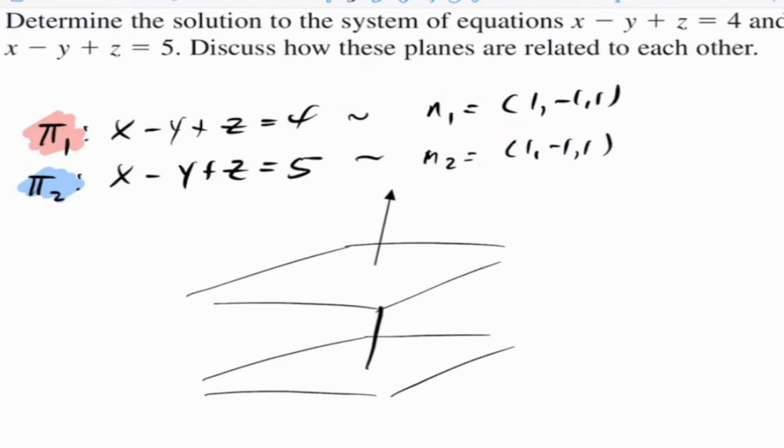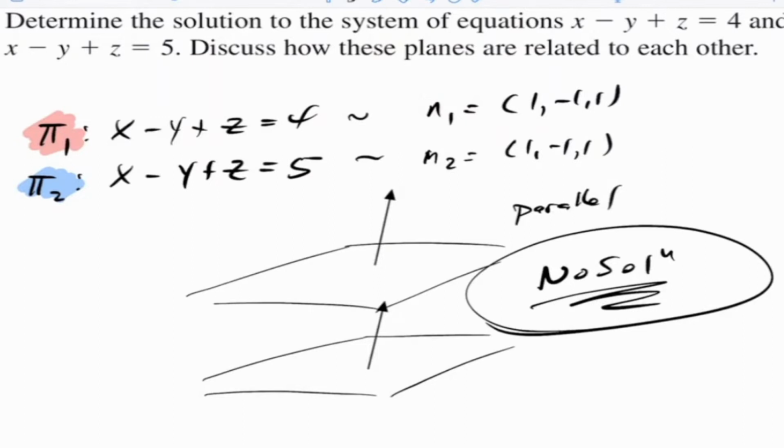Because the planes share the exact same normal, these planes must be parallel. And therefore, in this situation, we have no solution for this example. The idea here is that these planes are parallel, since they share the same normal.